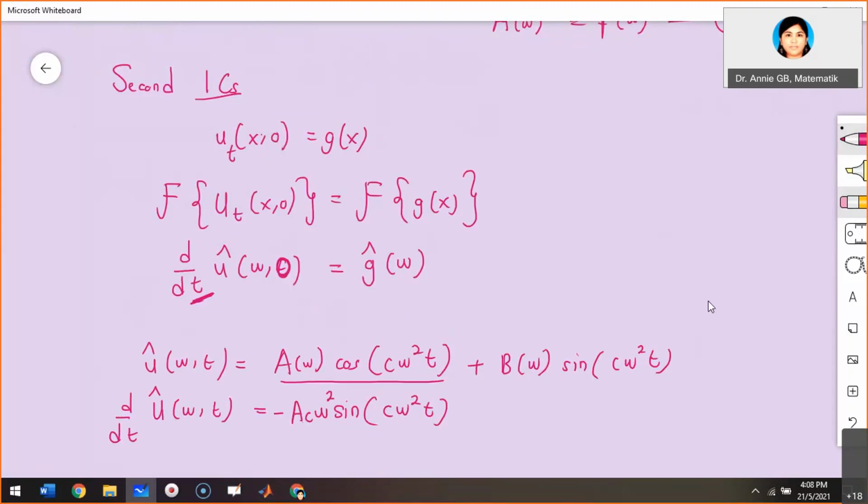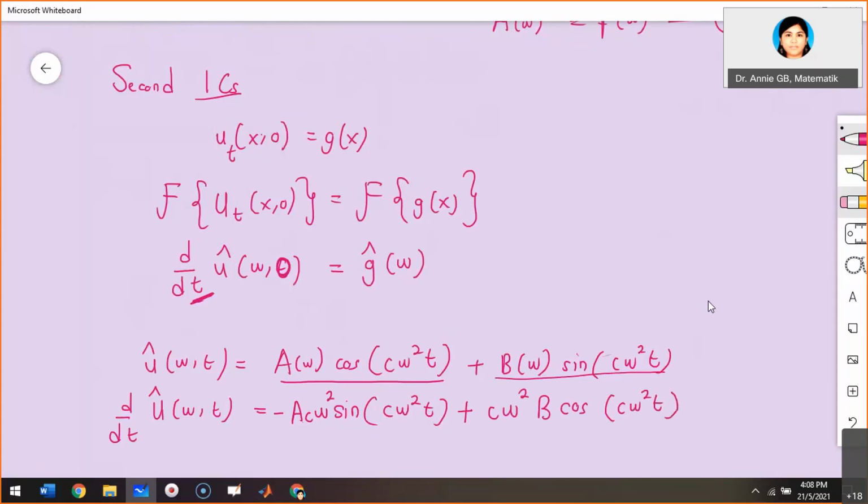Okay. Differentiate cos give you negative sin. Differentiate bracket ni kan dalam ni respect to t dapat C omega squared. A tu constant lah. Okay, harap boleh. Now similarly differentiating this, saya akan dapat C omega squared B cos (C omega squared t).